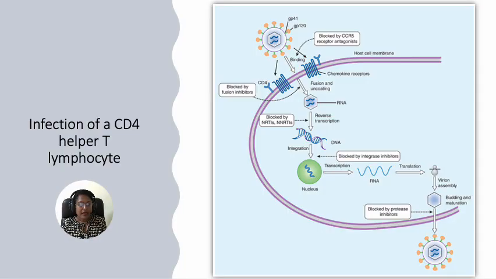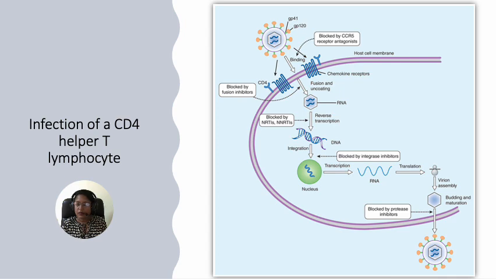So, how does the HIV virus infect a CD4 helper T cell? There are 10 steps, and if we look at this diagram while I explain, you'll see the stages. The virus uses the CD4 co-receptor and the chemokine receptors, CCR5 and CXCR4, and binds to the site to facilitate entry.